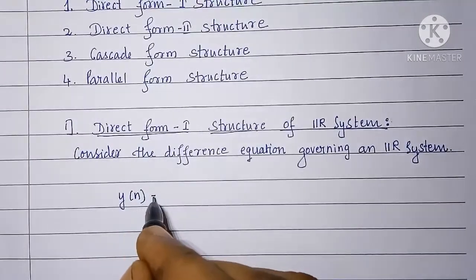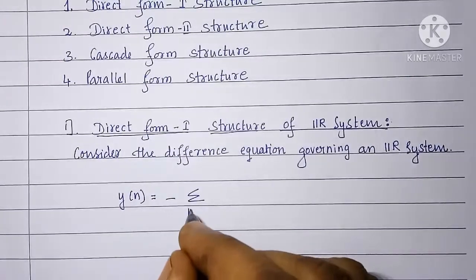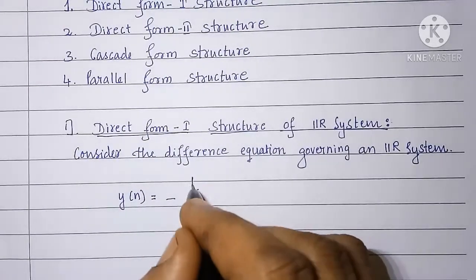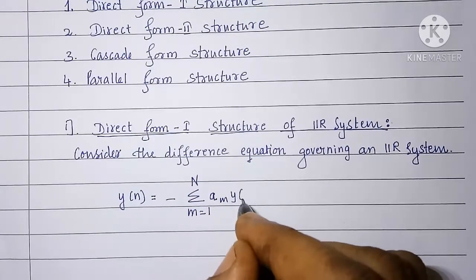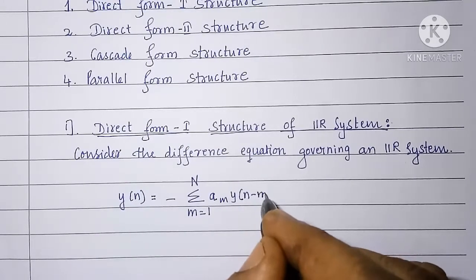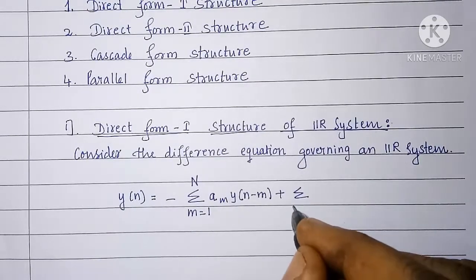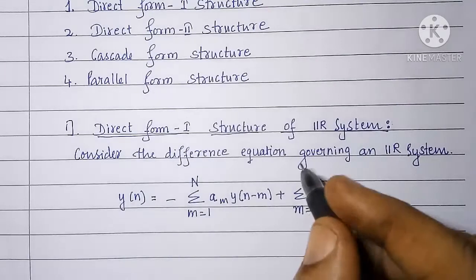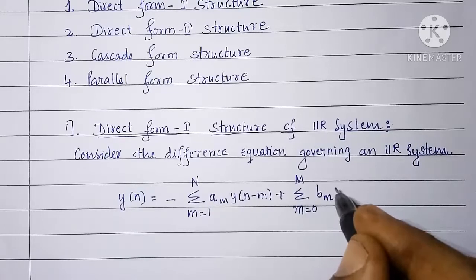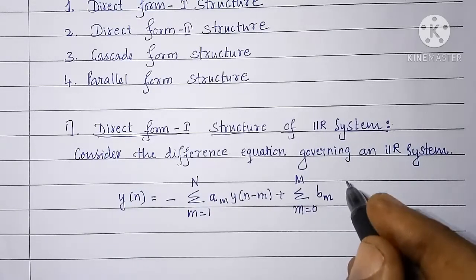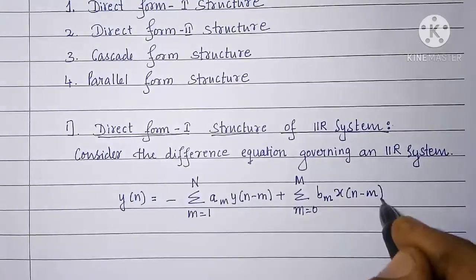That is y of n equal to minus sigma m equal to 1 to capital N, a_m into y of n minus m, plus sigma m equal to 0 to capital M, b_m x of n minus m.